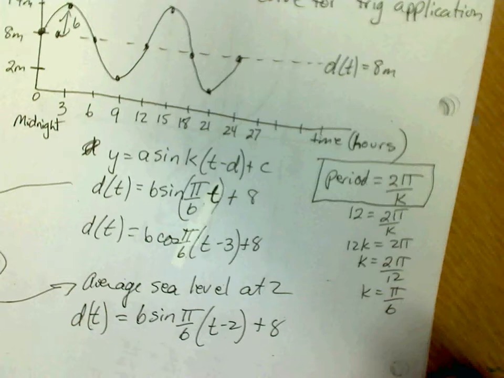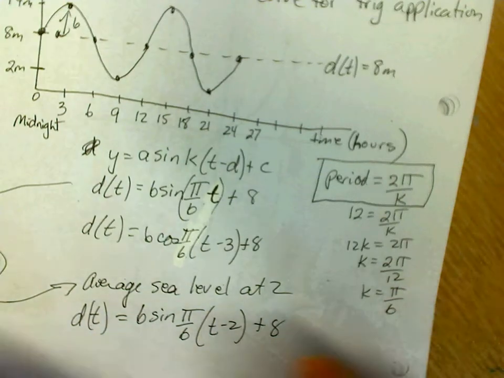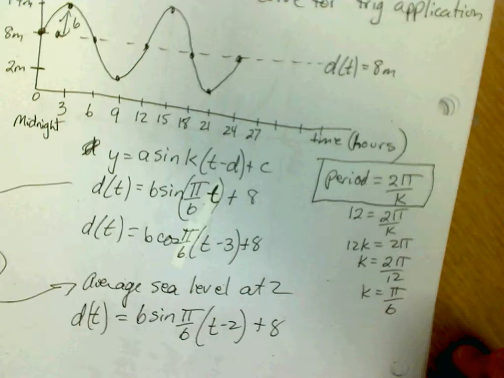But it still shows how the depth changes over the next 24 hours. So should we add a limiter, like t greater than or equal to the smaller one?